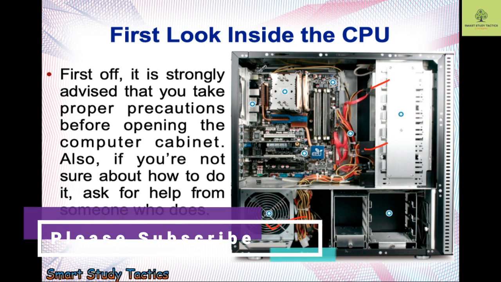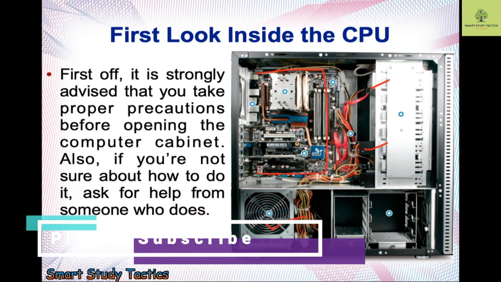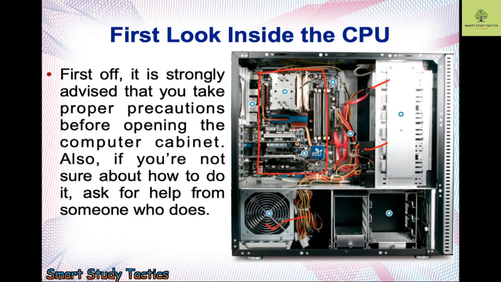This big board is known as the motherboard, and on the motherboard is the processor. The processor is covered by a fan, because the processor works continuously and gets heated, so that fan manages the heat of the processor. Some cards are there too, we will talk about them afterwards. So this is the basic inside view of your CPU.